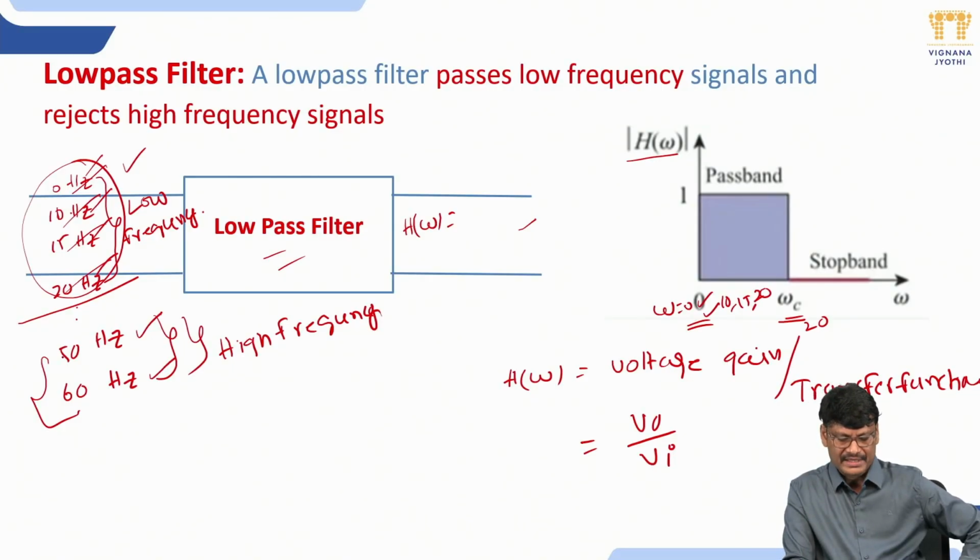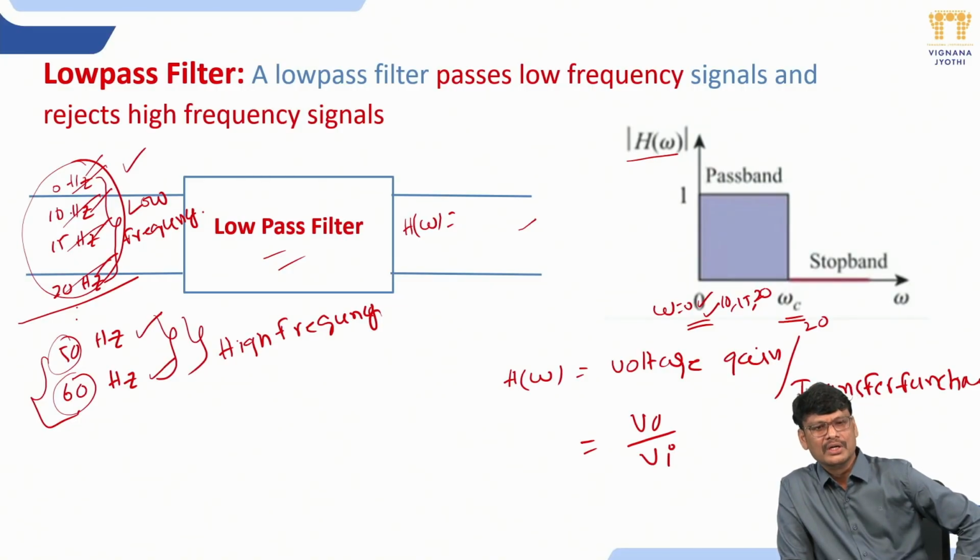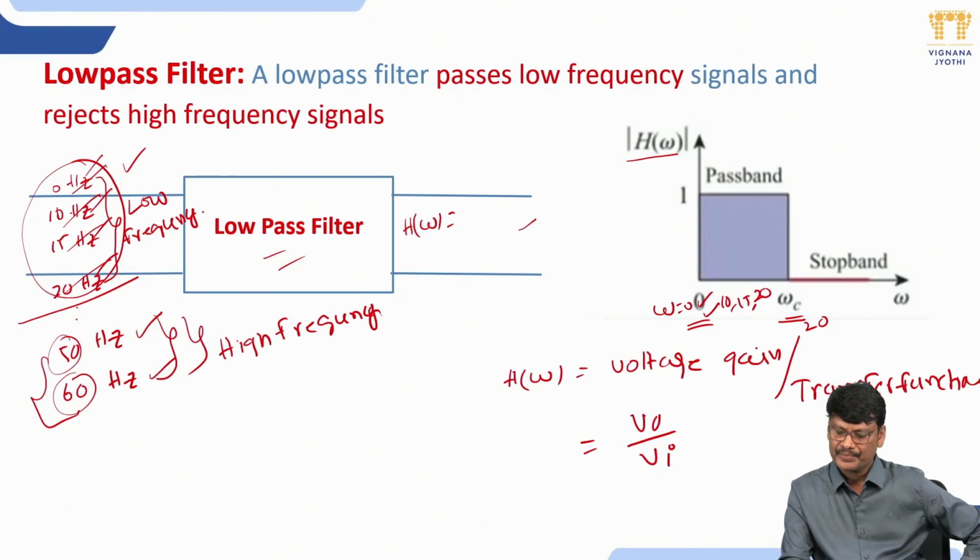Coming to 50 hertz and 60 hertz, these come under high frequency signals, which is why the filter rejects the 50 hertz and 60 hertz signals. So finally, the low pass filter allows only the low frequency signal and rejects or attenuates the high frequency signal.